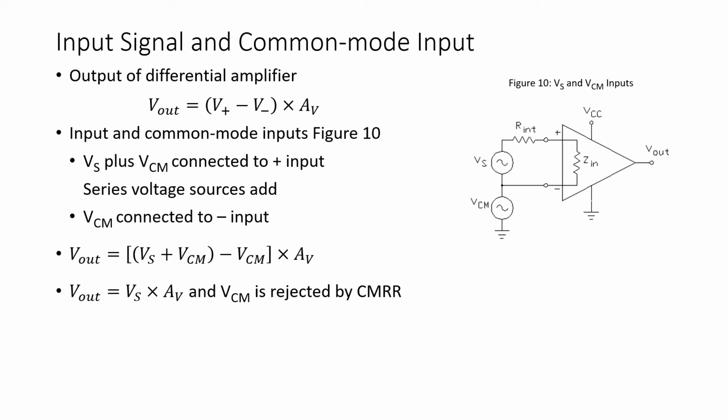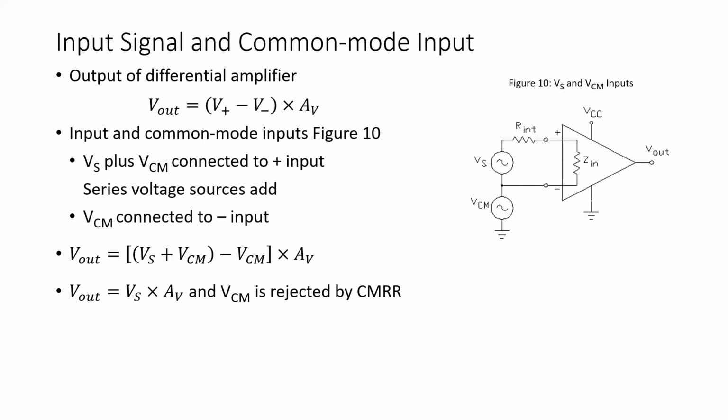Remember, the output of our differential amplifier, V out equals V plus minus V minus, the non-inverting input voltage minus the inverting input voltage times voltage gain. If we look at the circuit of Figure 10, note that to the non-inverting input terminal we have V source plus VCM, V common mode.